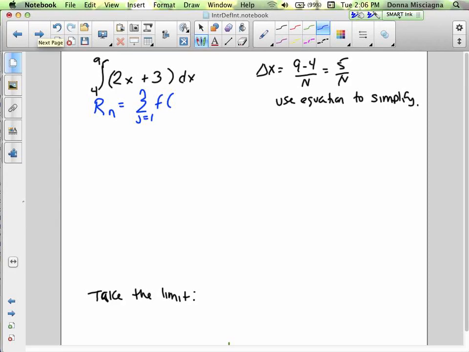Now, the last time we plugged in 0 because that was the lower limit of integration. This time we're going to plug in 4. And then our change in x, so that would be 5j divided by n. Now we need to plug that into our function. So this is, right, this is x. And this is x after the first increase because it's a right.